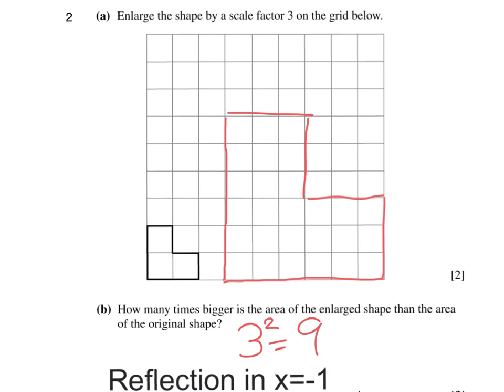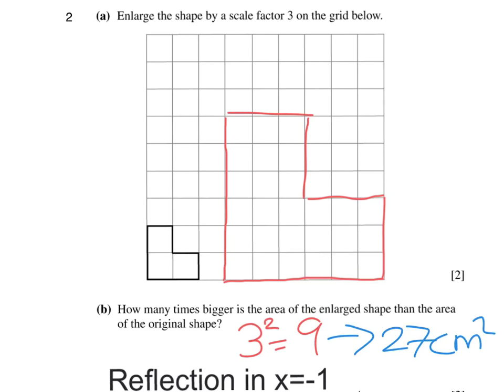Meaning that if the original shape had an area of 3 square centimetres, 1, 2, 3, the new one has 3 times 9, 27 square centimetres. Now, in a question such as this with a diagram, if that does not make sense to you, simply count the squares.